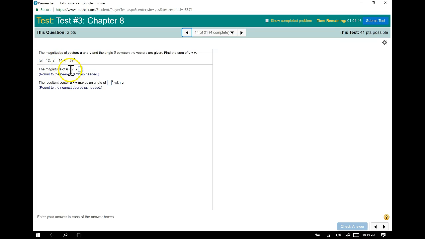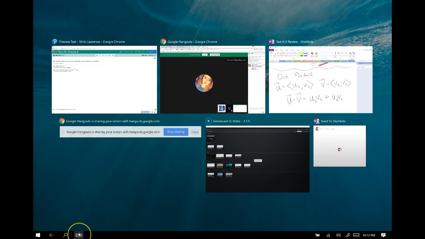In order to add vectors, you've got to put them into components first. And then once they're in components, we can add them. And then once we have components for the answer, we'll switch it back to a magnitude and a direction. So we've got 12, 14, and 69.